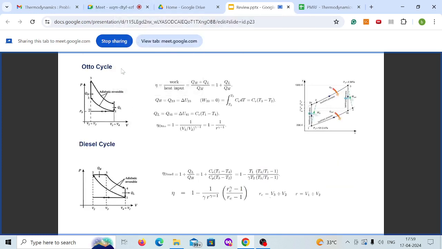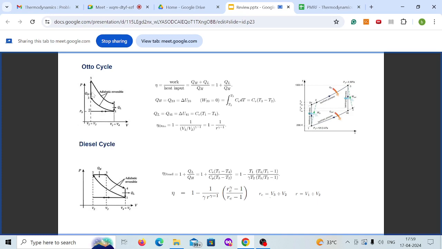Going on to the next, you have the Otto cycle. Practically speaking, it's what you see in petrol engines. Again here you have 4 processes. 1 to 2 is a reversible adiabatic or isentropic compression.